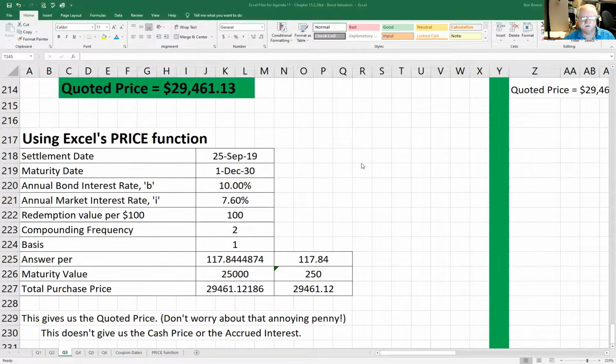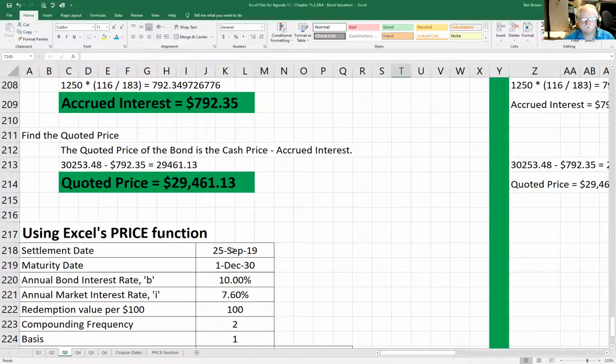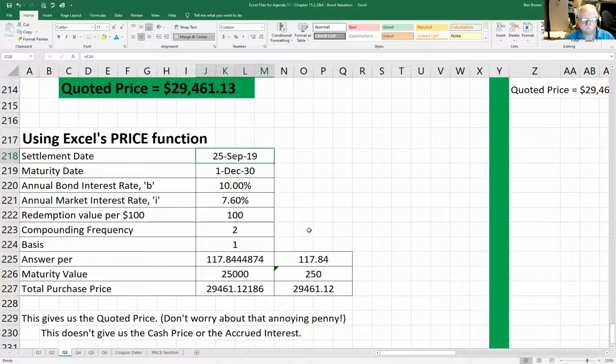Here, if we do this thing in Excel, we put in the settlement date. Notice, where are we calculating this? Down here, it's the price.